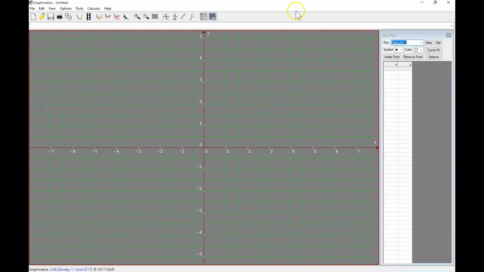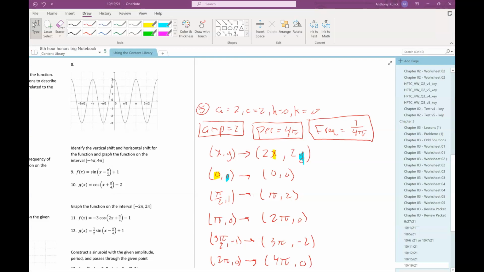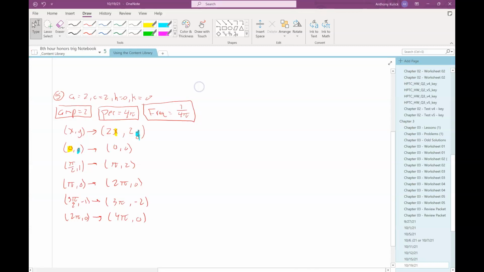And then to graph this from negative 4 pi to positive 4 pi, I'm just going to make an XY axis where the x goes from negative 4 pi to positive 4 pi. And just drop that in here. Or you could make it by hand.